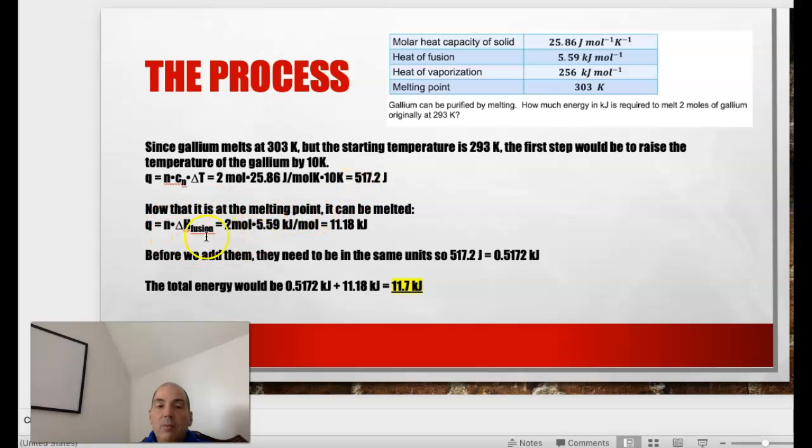And then we melted it or fused it. So that's where the 11.18 comes into play. And now when I combine these two, keep in mind this is in joules, this is in kilojoules, so I got to make them both kilojoules. We end up with around 11.7 kilojoules overall. Okay. My bad on that.